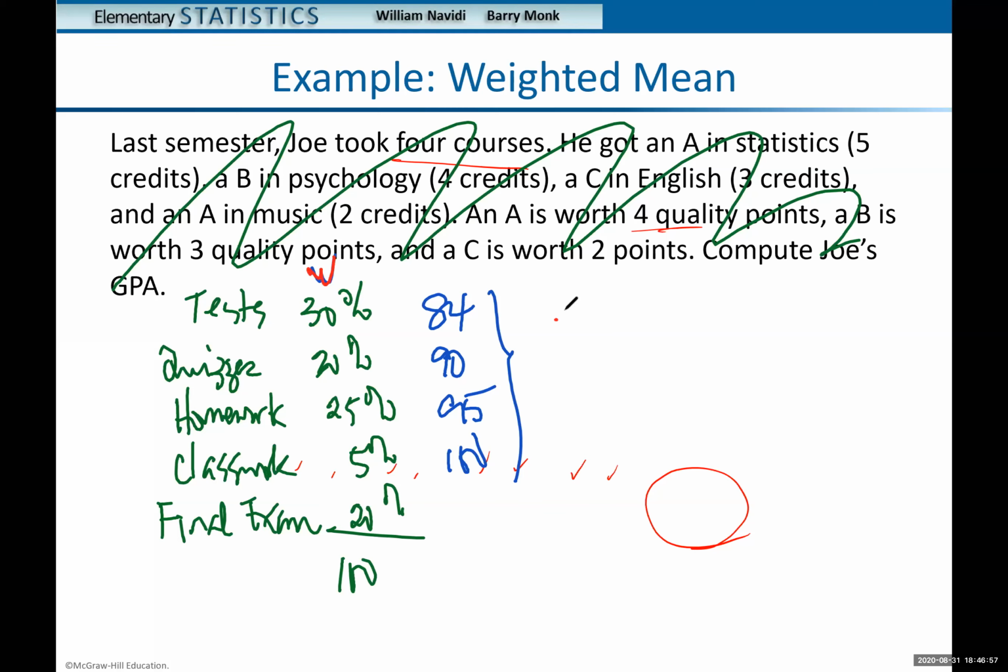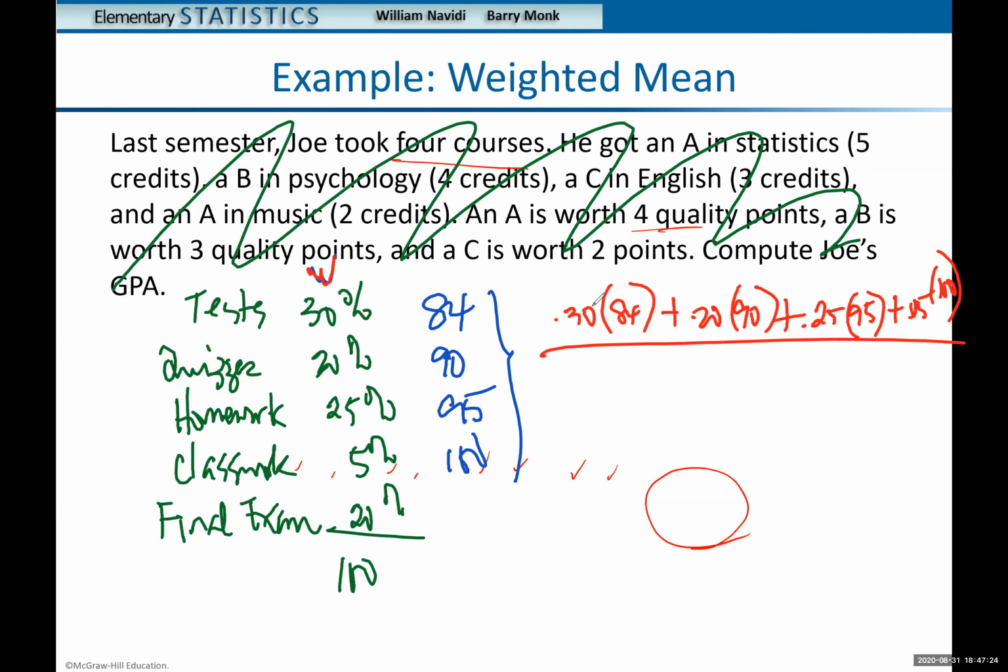So 30% times your grade of 84, plus 20% times your quiz grade of 90, plus homework 25%, let's say you got 95, and plus classwork 0.05 times 100, all over the sum of the weights without the final exam: 0.30 plus 0.20 plus 0.25 plus 0.05.